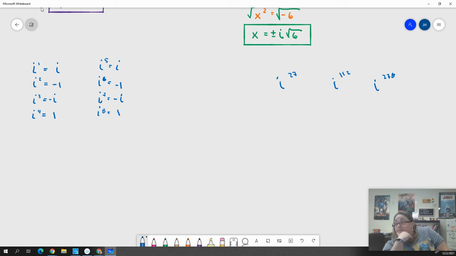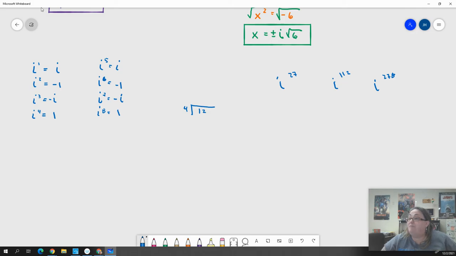If I have a number that divides evenly by 4, it's always going to be 1, right? 8 divided by 4 is 2. I have an even number. It divides evenly. We're going to get 1, right? If I have no remainder, think about it as a division problem. Let's say I wanted i to the 12th.